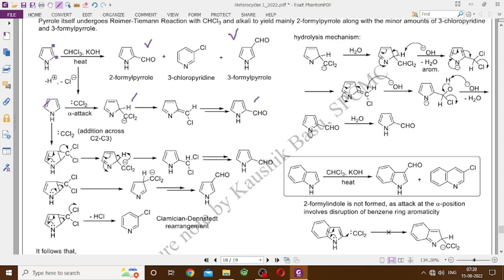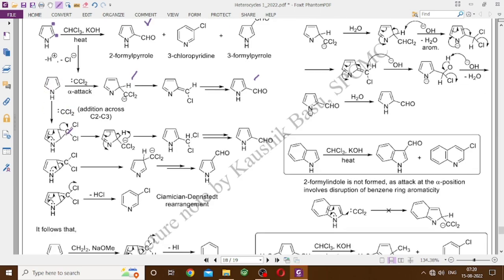And for pyrroles, this is possible because the resonance energy is low to begin with. For benzene or for phenol, this is unthinkable, because that would mean completely sacrificing the resonance stabilization of the benzene ring. But the resonance energy of pyrrole is lower, therefore this reaction is manageable.